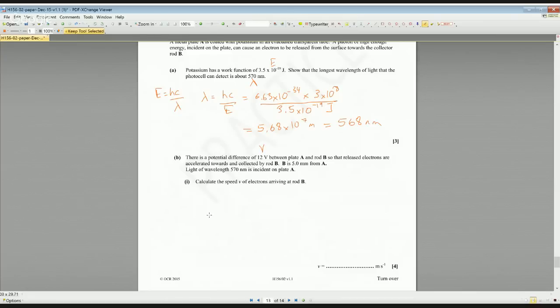In any question like this, you have electrons that are being accelerated by a potential difference. That's giving them kinetic energy. So what we can say is that the energy gained by the electrons, which can be calculated by multiplying e, the charge on an electron, by V, is going to be equal to the kinetic energy gained by those electrons, which is half mv squared. We can rearrange that to get v is equal to the square root of 2eV divided by m.